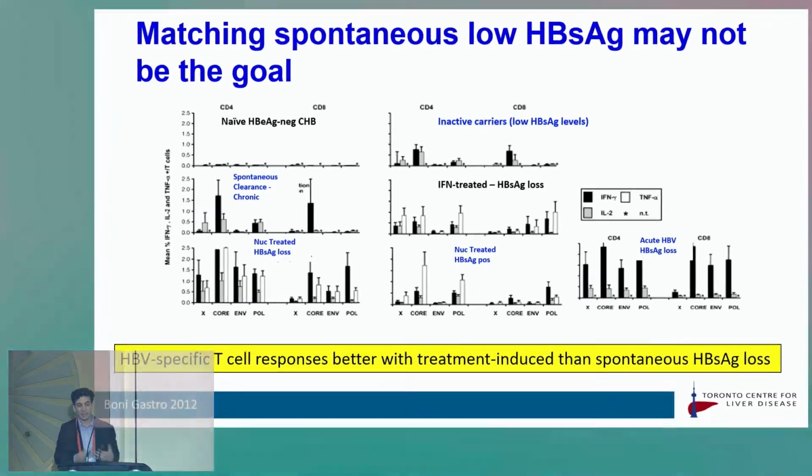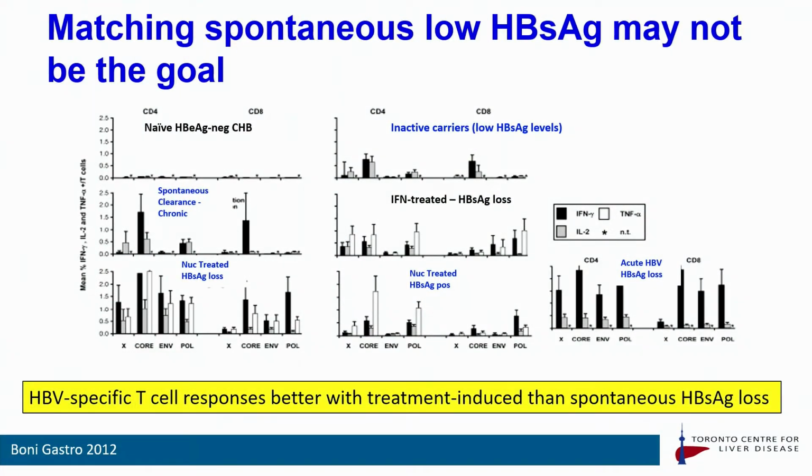And then I think this question of whether our goal should really be matching spontaneous low levels is also a question mark. This is a classic study from Carlo Ferrari's group many years ago, which raised the question of whether nukes could reinvigorate the immune system. That's not really the focus here, but what I would really look at is the CD4 and CD8 T cell responses, and you see that patients that are inactive carriers, the ones that have low surface antigen levels, the goal that we're trying to achieve with our antigen-lowering therapies, actually have pretty paltry immune responses to HBV stimulation.